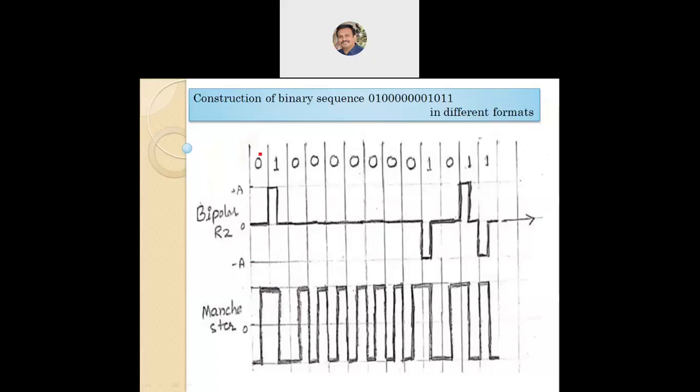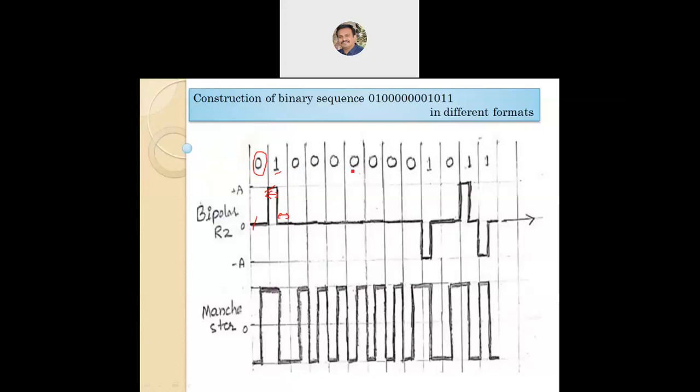Hence, if you observe in this sample, the 0 bit is 0 amplitude, then for bit 1, the first one, we have amplitude plus A only for half the width of the pulse. The next half returns to 0.